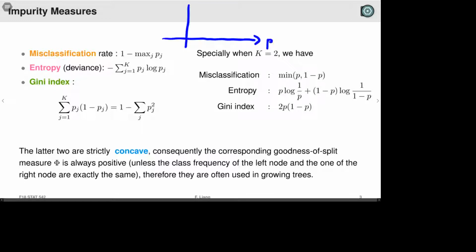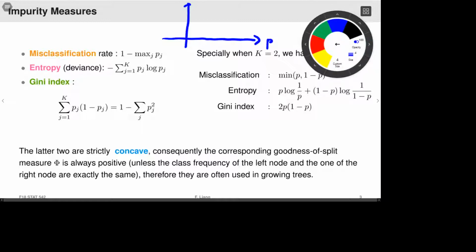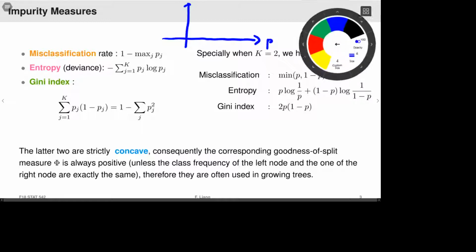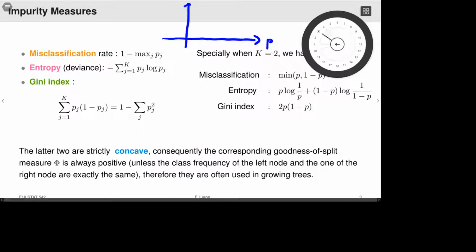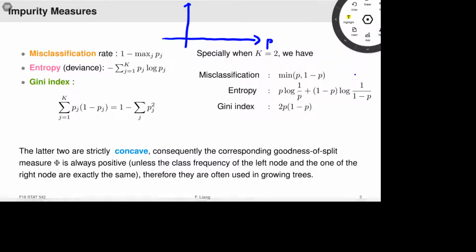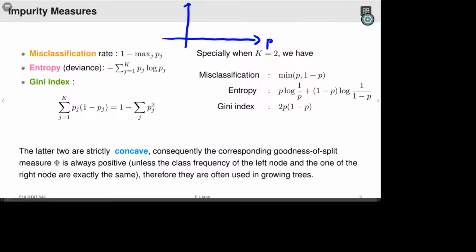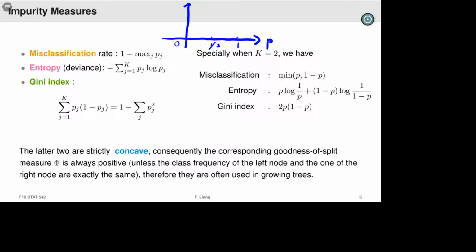This is p, with 0, a half, and 1. What does the misclassification rate look like as a curve of p?